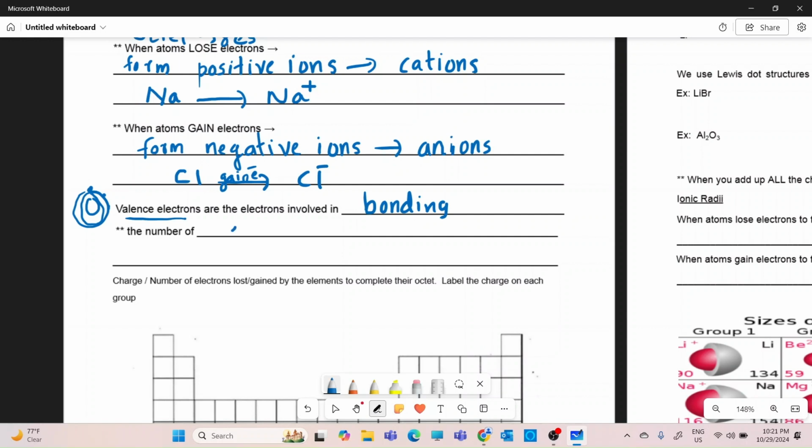The number of electrons lost or gained during a reaction or during bonding is called the oxidation state, or we can simply say the charge of an atom.